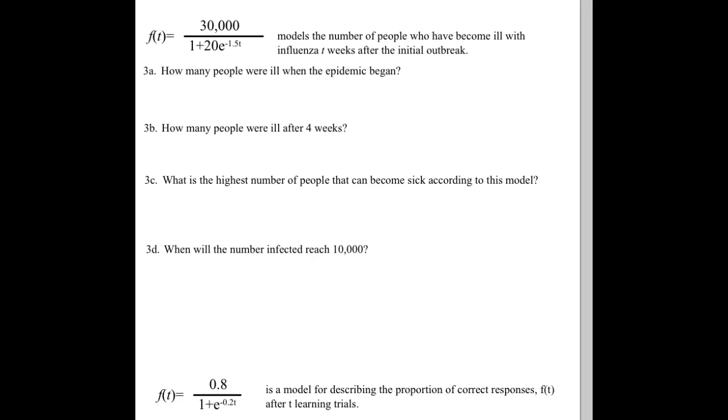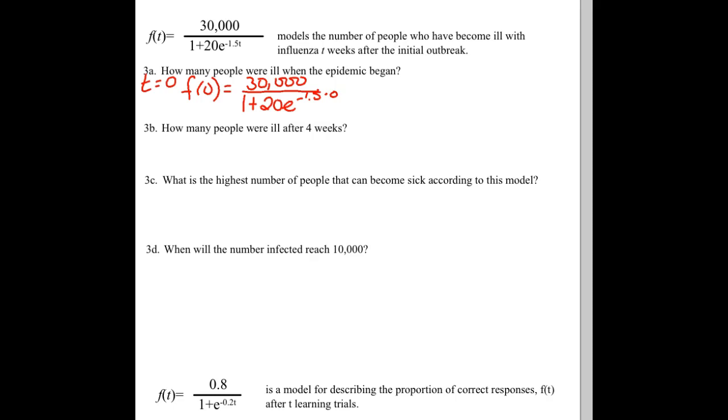So how many people were ill when the epidemic began? Well, what would the time be when it began? 0, right? Your starting amount. So we're going to put a 0 in for t. So in my formula, I'm looking for f of 0. We have 30,000 divided by 1 plus 20 e to the negative 1.5 times 0. Well, what's negative 1.5 times 0?